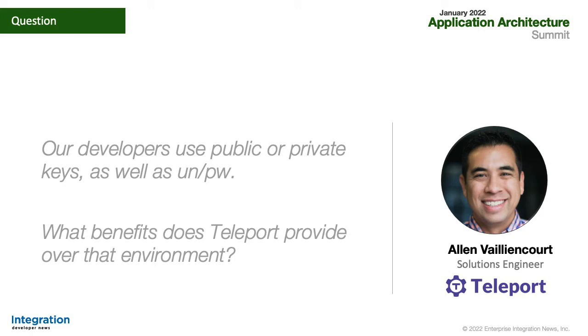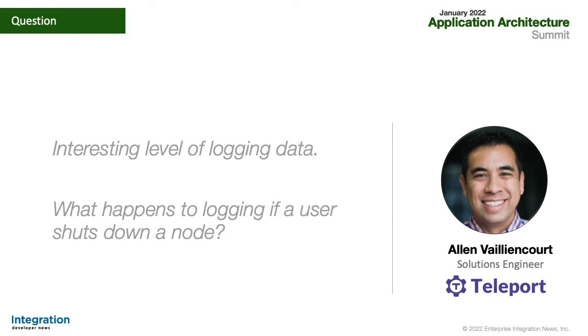Really great conversation. You mentioned logging a couple times. Let's go into this question: what happens to logging if a user shuts down a node? So if that node shuts down and it's not accessible from Teleport, if it's a Teleport managed node, it will go offline. The nodes that are managed by Teleport have a heartbeat and they're talking back to the cluster.